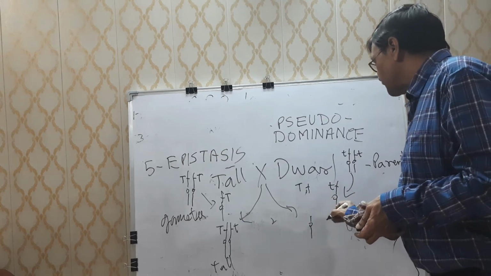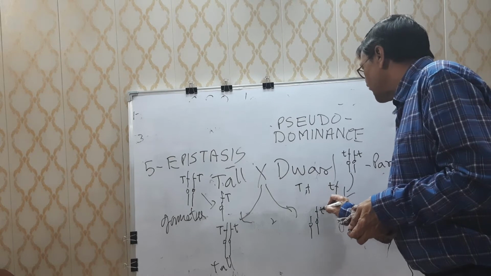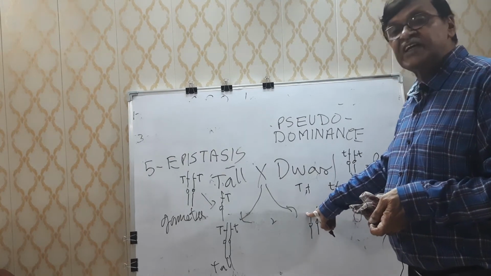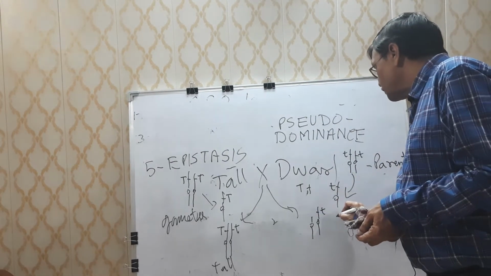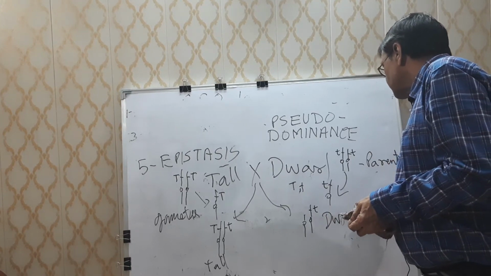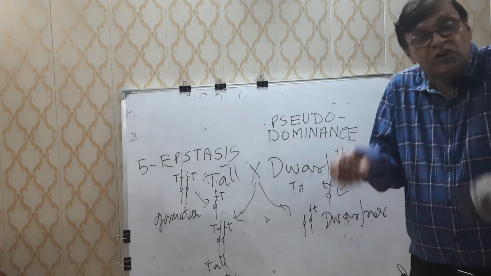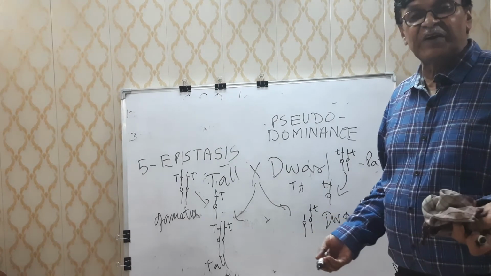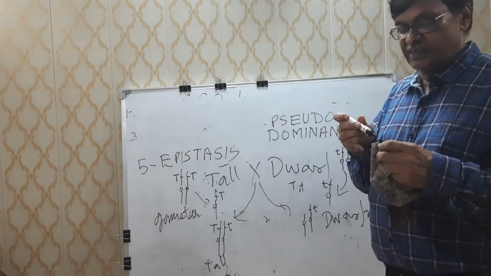So what will happen? In the individual of F1 generation, only one factor for dwarfness will be there. Its competitor for tallness will not be there. So it will show the phenotype of dwarfness. Although dwarfness is not dominant over tallness, it appears from this experiment that dwarfness is dominant over tallness, so it is called pseudodominance.